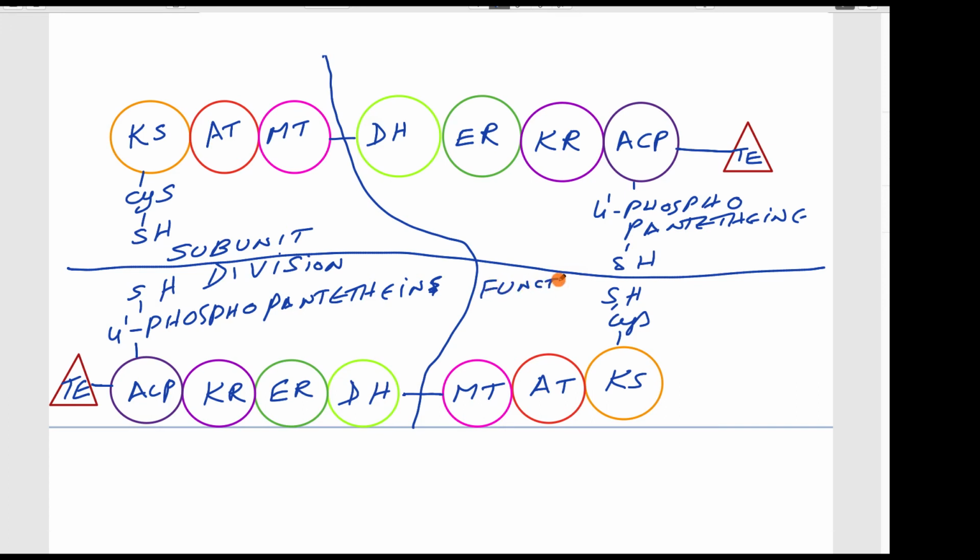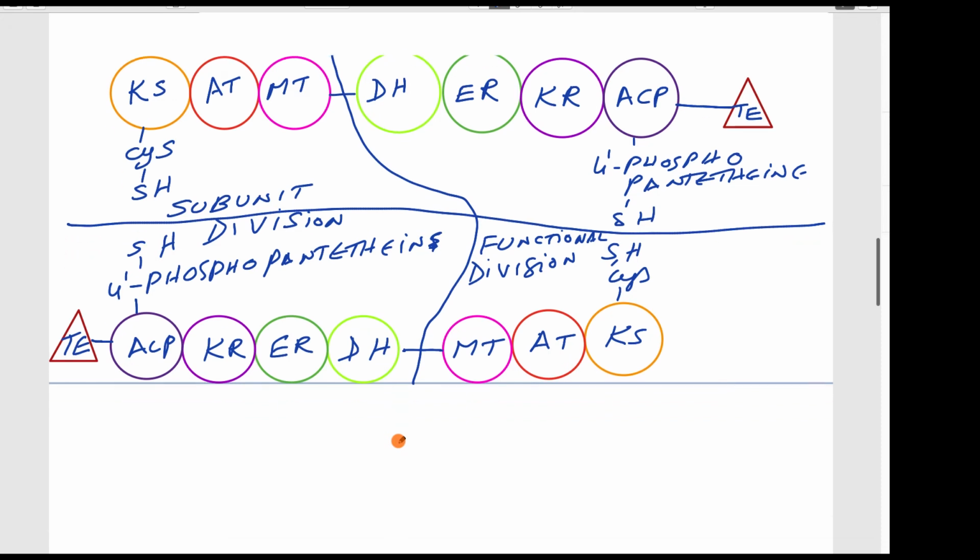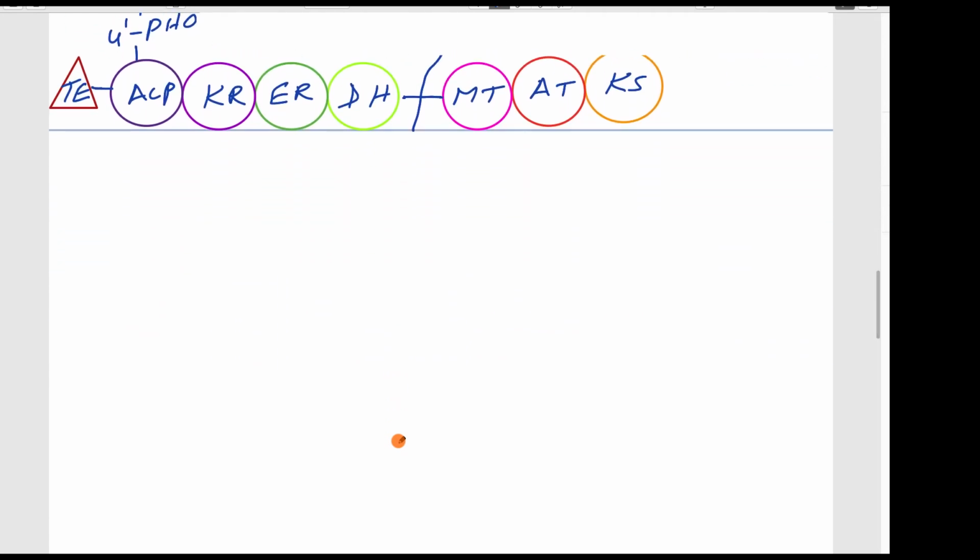This is one unit, acting as one enzyme, and this is another part. That means this one can synthesize one fatty acid, and this one another. All the enzymes are present in this unit. Only in this form does it act. That means the fatty acid synthase multi-enzyme complex can simultaneously synthesize two palmitic acids.